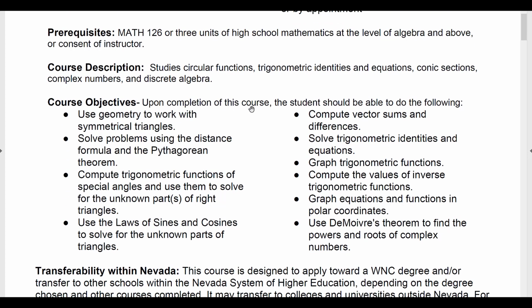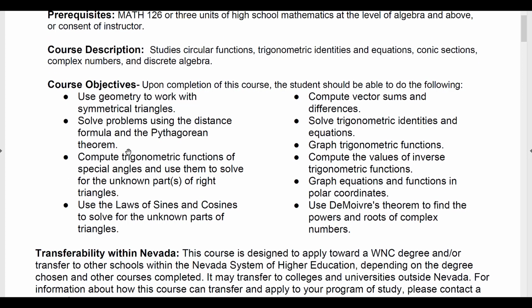Course objective: upon completion of this course, the student should be able to do the following: use geometry to work with symmetrical triangles, solve problems using the distance formula and the Pythagorean theorem, compute trigonometric functions of special angles, and use them to solve for the unknown parts of right triangles, use the law of sines and cosines to solve for the unknown parts of triangles, compute vector sums and differences, solve trigonometric identities and equations, graph trigonometric functions, compute the values of inverse trigonometric functions, graph equations and functions in polar coordinates, and use de Moivre's theorem to find the powers and roots of complex numbers.